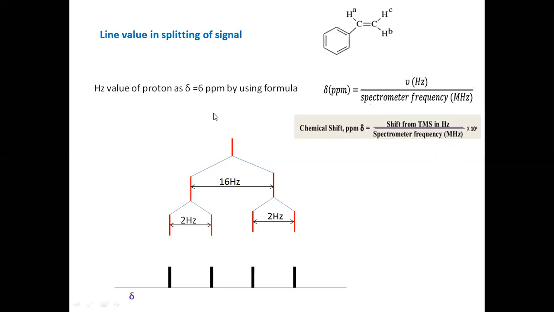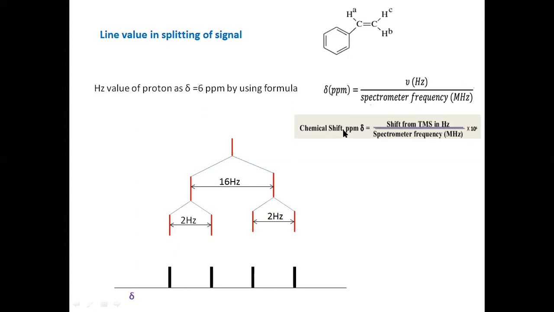So delta is given in the problem. What is the value of delta? 6 ppm, and machine frequency 400 megahertz. So what will be the value in hertz? That peak value in hertz?